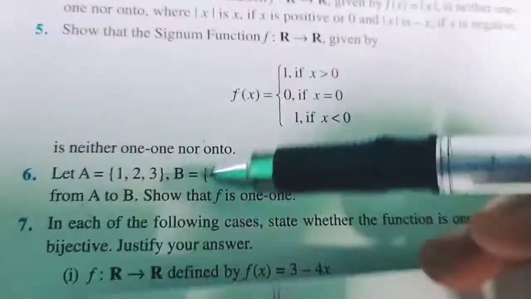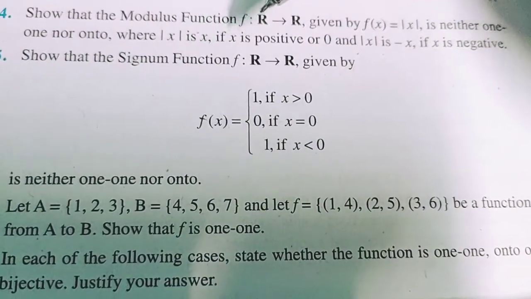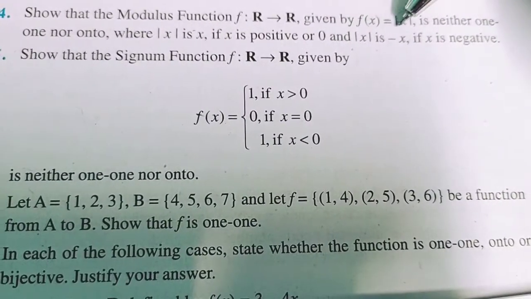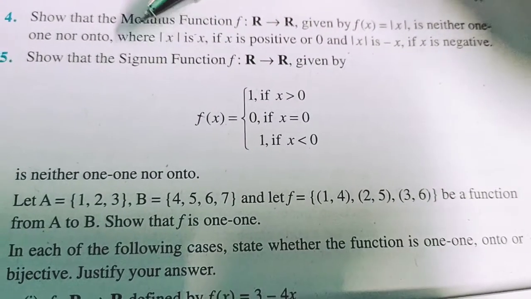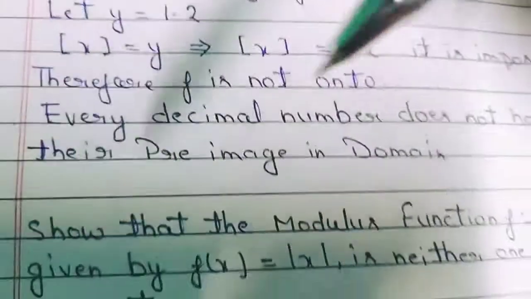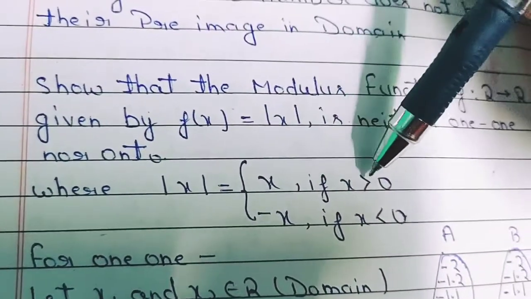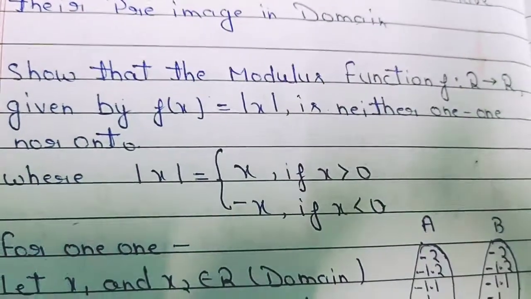Now next, question number 4. The question is: show that the modulus function f from R to R given by f(x) = |x| is neither one-one nor onto, where |x| is equal to x if x is greater than 0 and -x if x is less than 0.